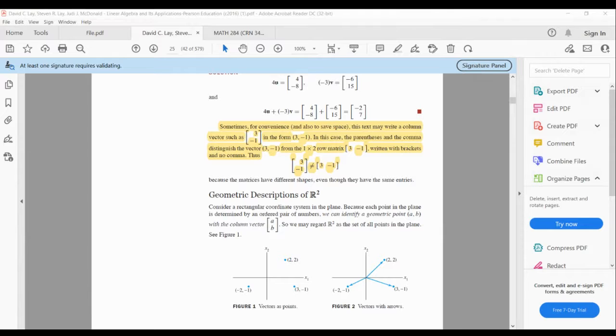Can you go over what the difference between a column vector and a row vector is again? I'll show you that on the whiteboard actually. A column vector, like for instance, 3, -2, 1, written vertically, that's a column vector.